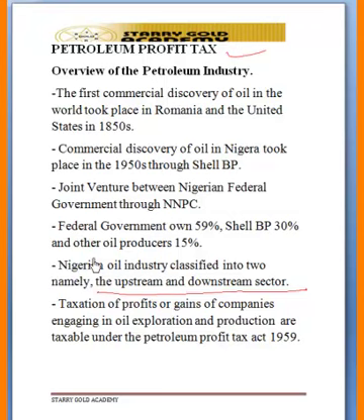It involves the activities carried on in exploration, development, and production of crude oil from its natural state. Exploration, that's discovery, trying to bring out the crude oil in its natural state from the ground. That is the upstream sector.